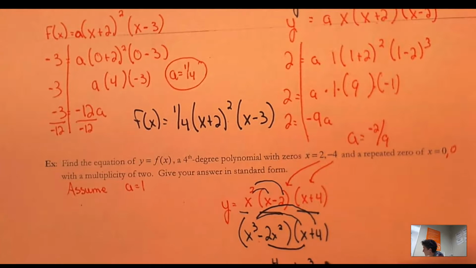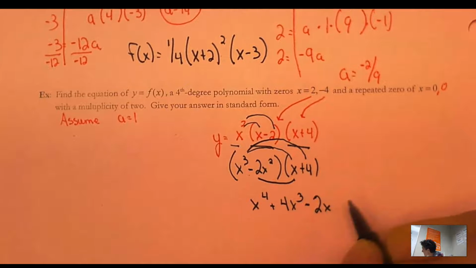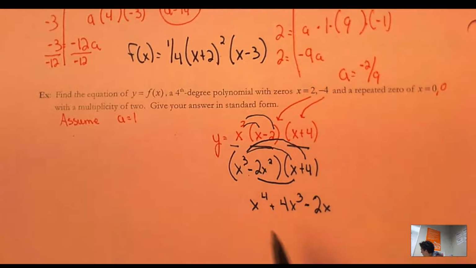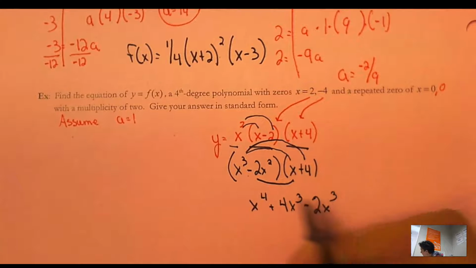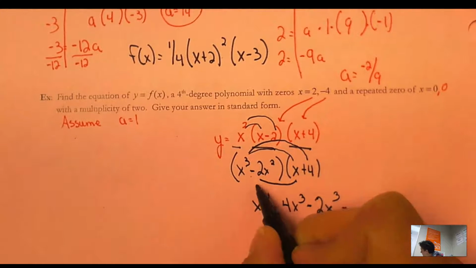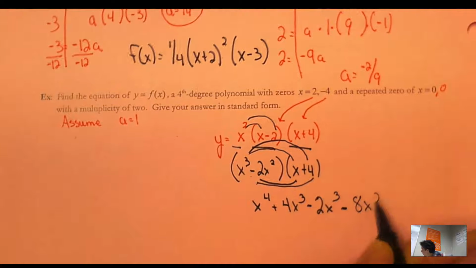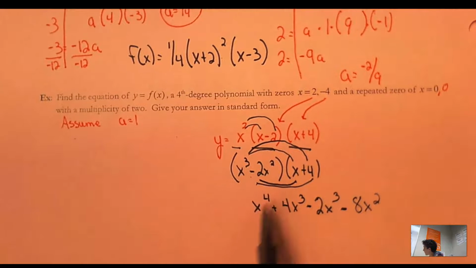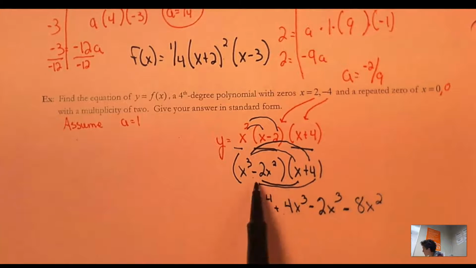Then these neighbors meet. Whoops, sorry, you can't see that. Let's see, where am I? There's another x cubed, and then when I'm done, I have a minus these neighbors meeting 8x squared. So again, I got x to the 4th, I got 4x cubed, I got minus 2x cubed, and then I got minus 8x squared.